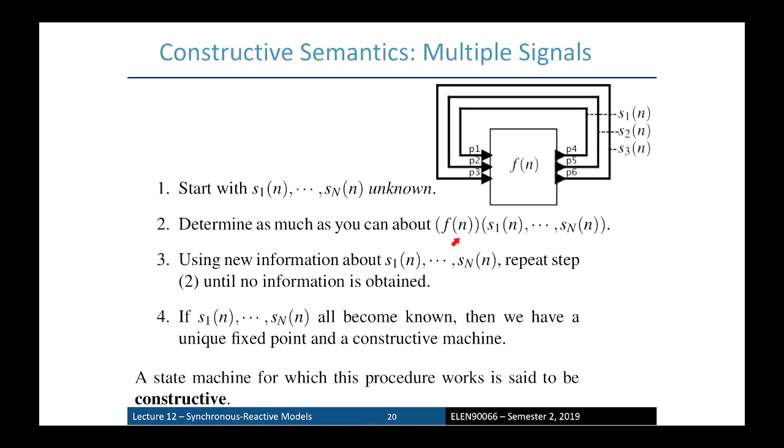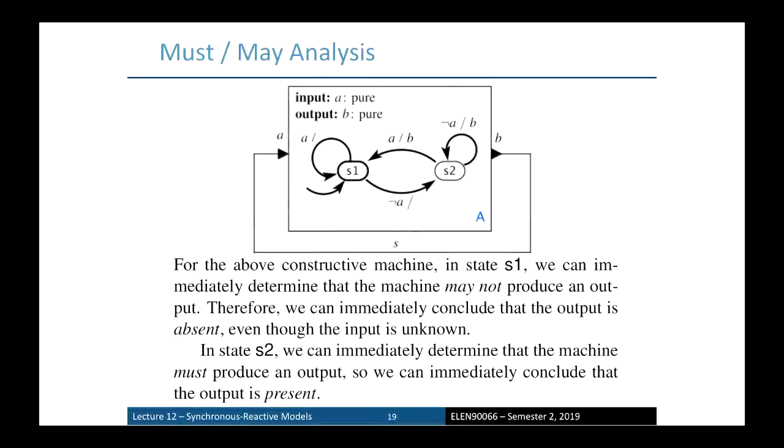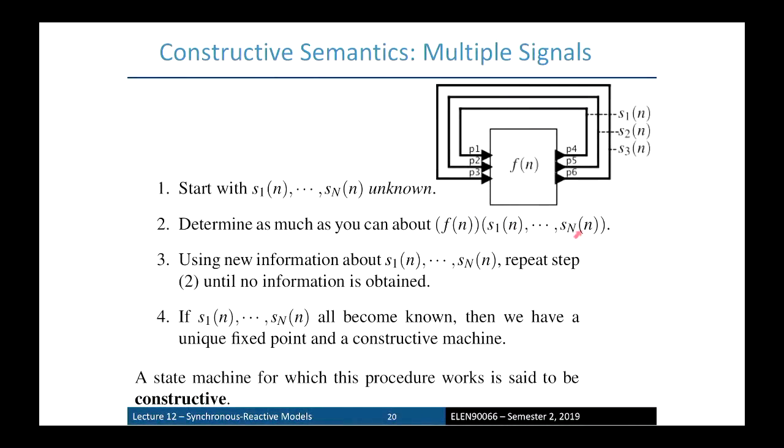Then from the FSM diagram, you look at the firing function acting on these things. Once you get new information, maybe, for instance, you didn't even need the input in order to determine the output. You start being able to populate these things.